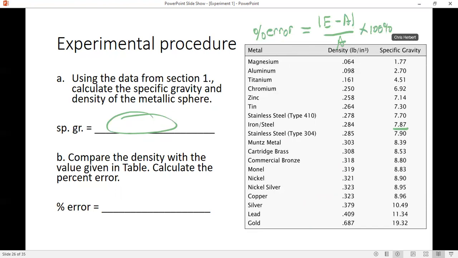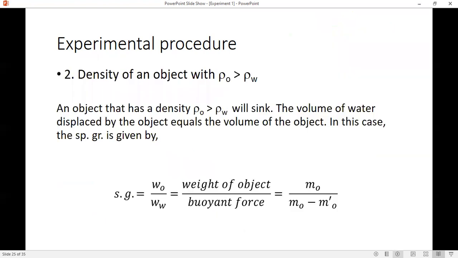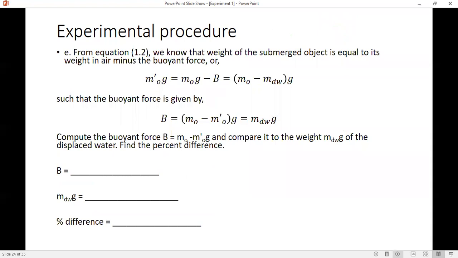So whatever value you get right here, it better be pretty close to 7.87. Let me just go back to this one right here. And again, I'm going to rewrite percent difference. And now I'm going to include, again, E1 minus E2. Doesn't matter which order you put those in. E1 plus E2.